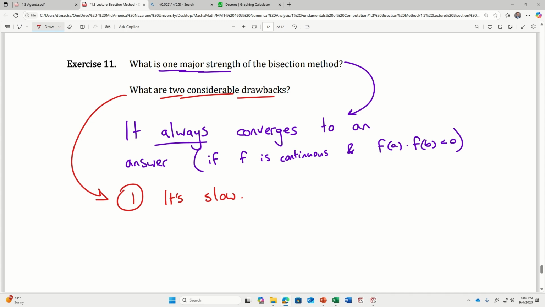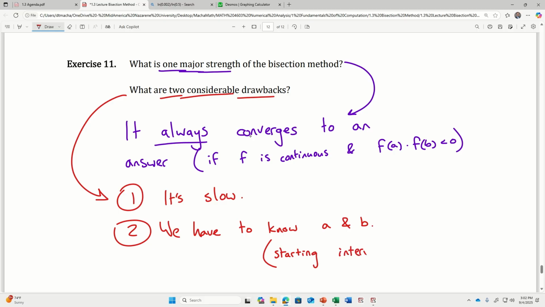And number two, another drawback here is we have to know A and B. In other words, we have to come up with a starting interval. And that's not always easy. Sometimes you have a function that somebody hands you, and you don't know where a valid starting interval would be.